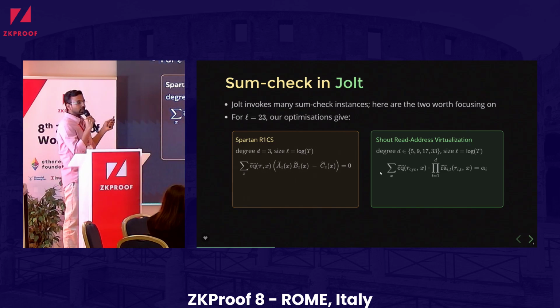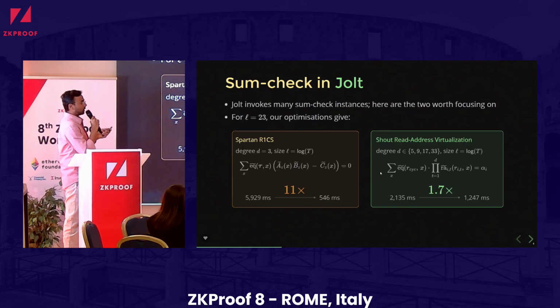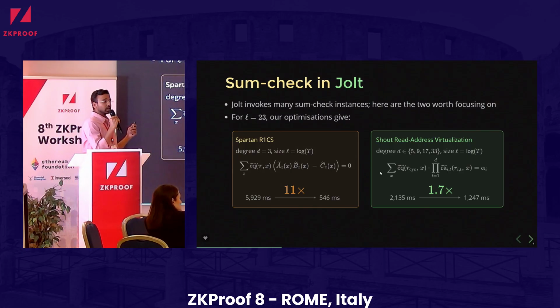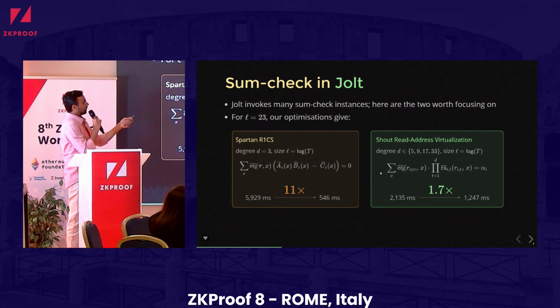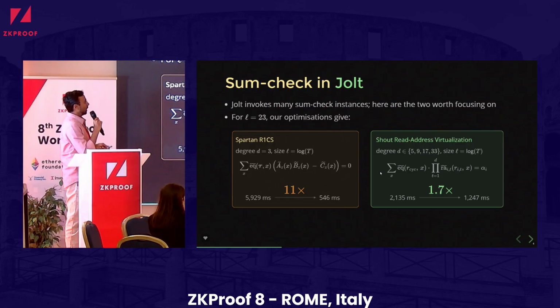For L equal to 23, which is the 7.6 million cycles that we saw, we were able to get an 11x speedup for the low degree sum check and a relatively less impressive 1.7x improvement in the high degree sum check.